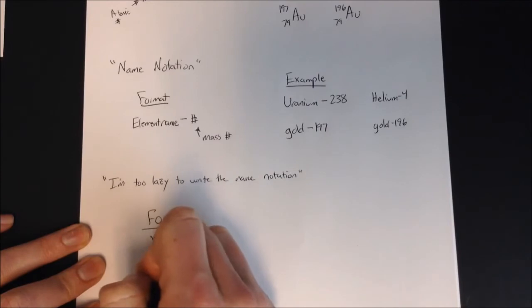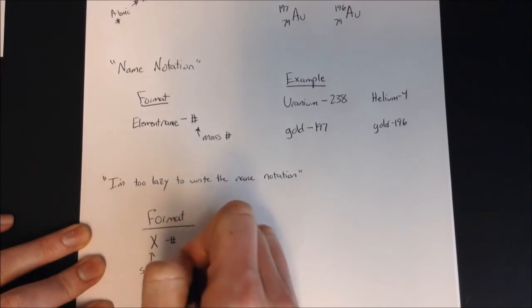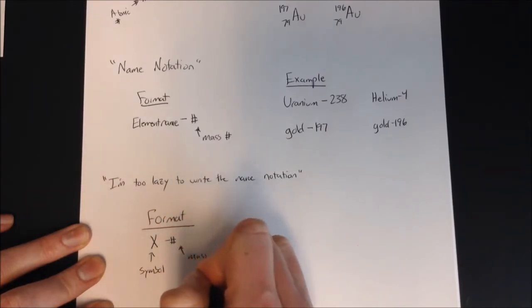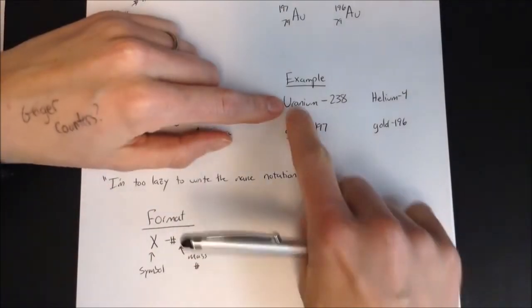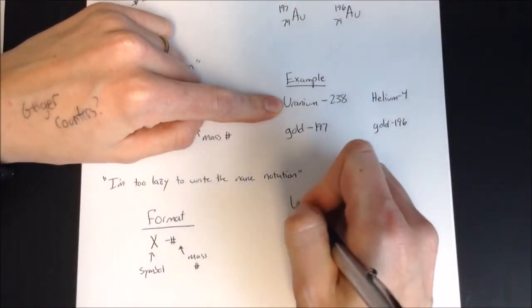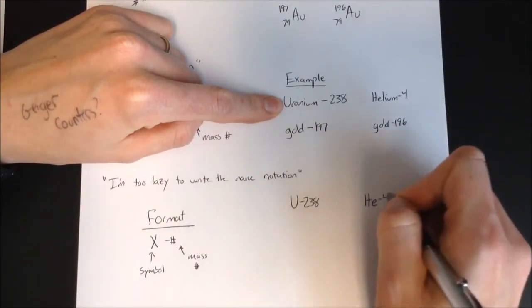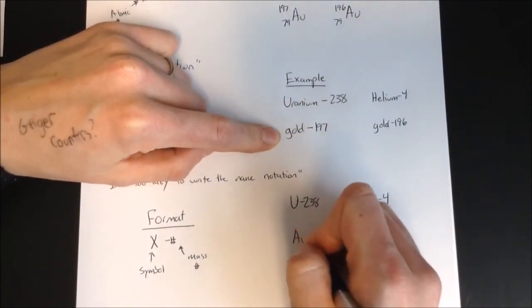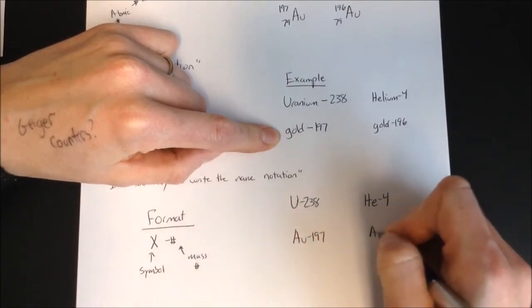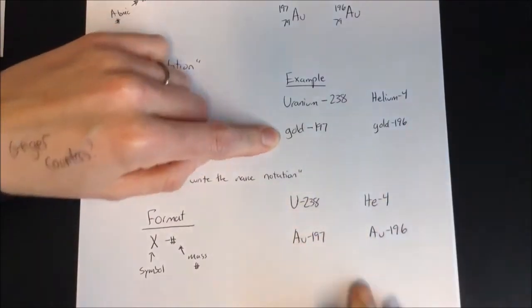So this here is the symbol for the element, and that there is the mass number. So it looks just like this one, but instead of the whole name, we're going to just write out the letter. So that would be U-238. This would be He-4. This would be gold, which is Au-197, and gold Au-196.